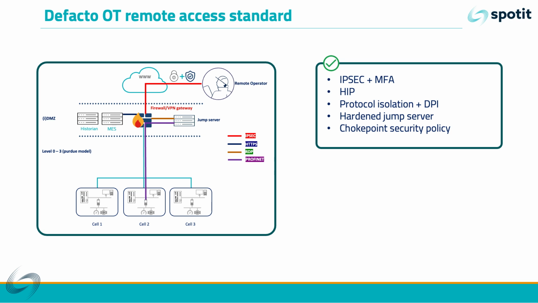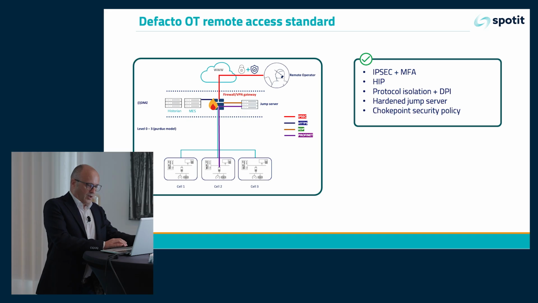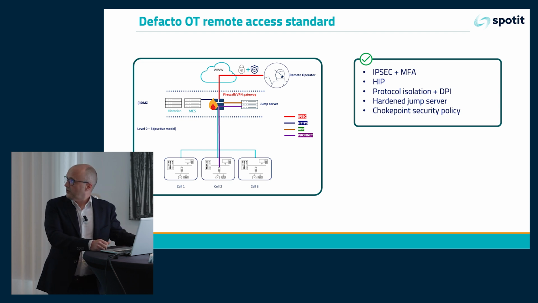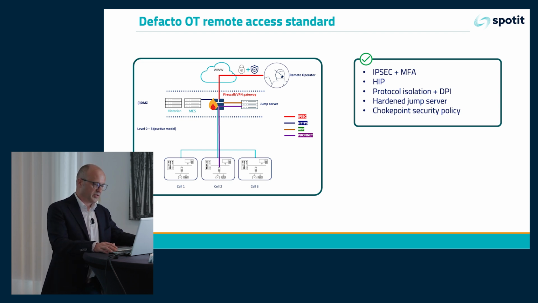If those conditions are not met, you simply cannot have access to the environment. Also, protocol isolation is an aspect of it, so you can only allow the protocols that need to be allowed for the remote operator to do his job. Also, you can have a hardened jump server. Those are all benefits of having this kind of architecture.